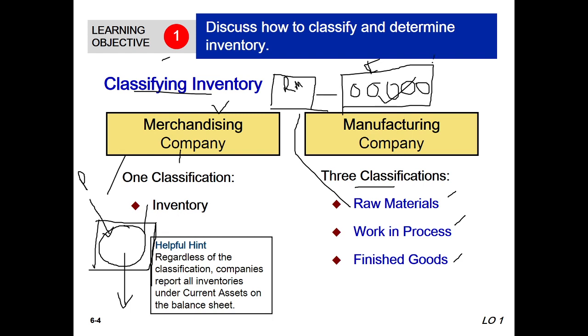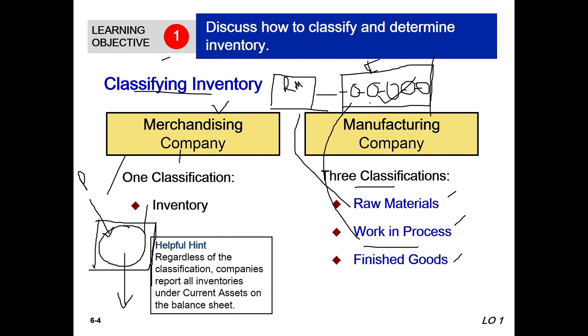Okay. End of the year, when we count our inventory, we call this the work in process inventory. That means this is the work in process or continuous process in the factory. Okay.